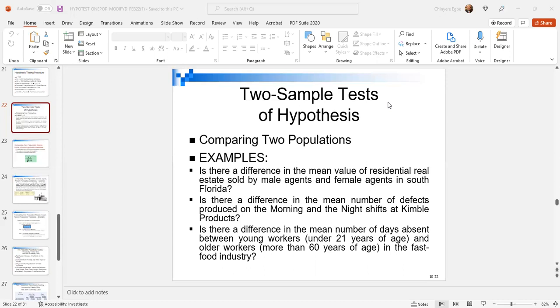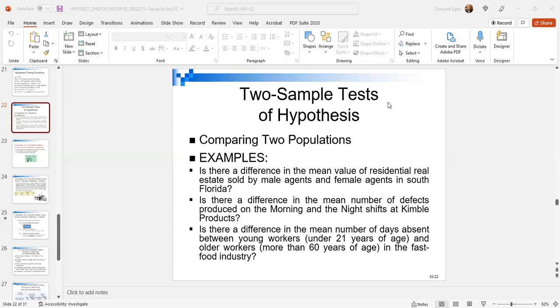What is the average expenditure of adults compared to teenagers who come here for lunch? What is the average expenditure of Hispanics compared to African Americans who come here for lunch? Those are like, you take the same data and you break it into two and differentiate between two subpopulations.